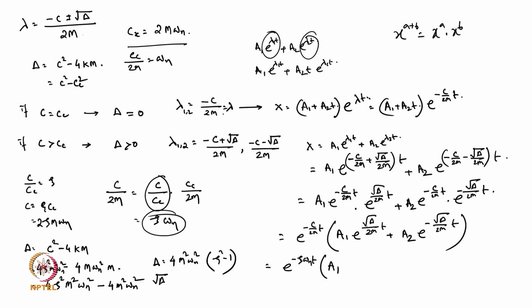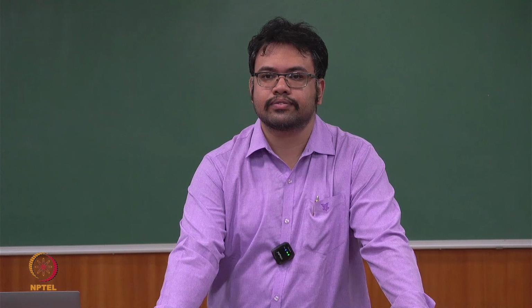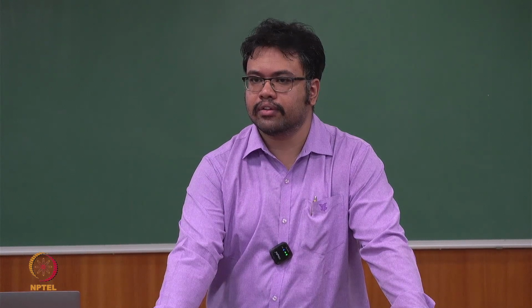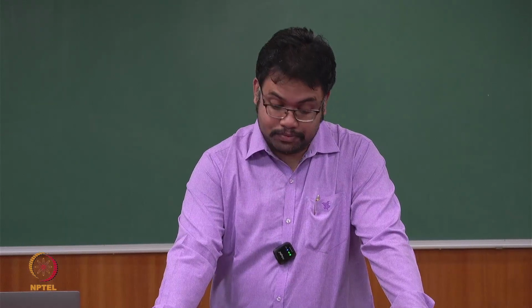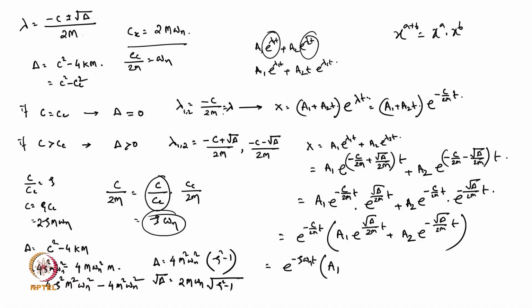So root of delta will be 2m omega n into root of xi square minus 1. All of you agreed with me? Agreed? Very good. So that thing is also a very important point at that stage, because we are having a delta which is equal to 2m omega n root over of xi square minus 1.